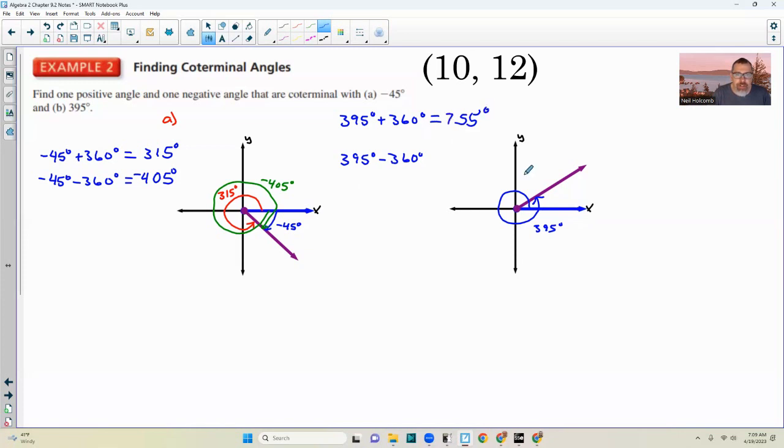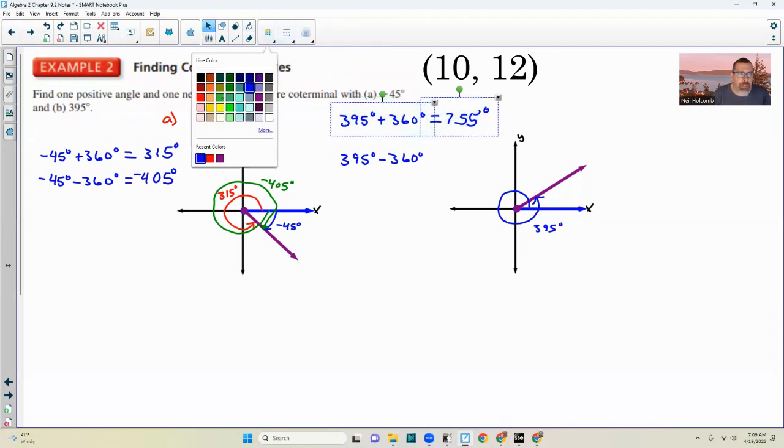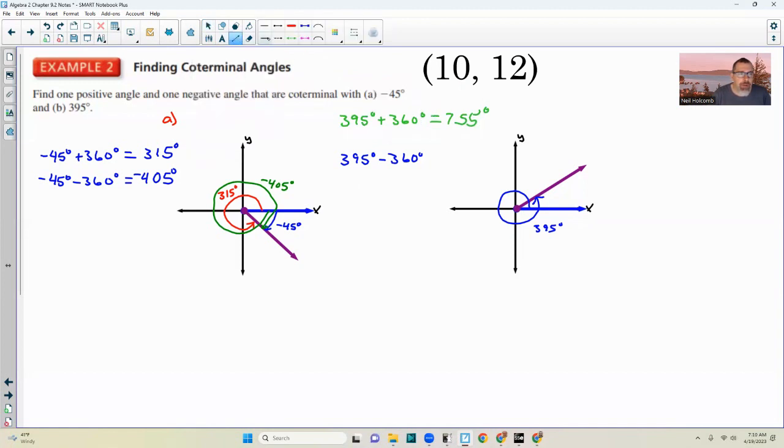I'm getting 755 degrees. So let me change this color to the color I'm going to use for my ray, or my arc, I mean. So this was 755 degrees.